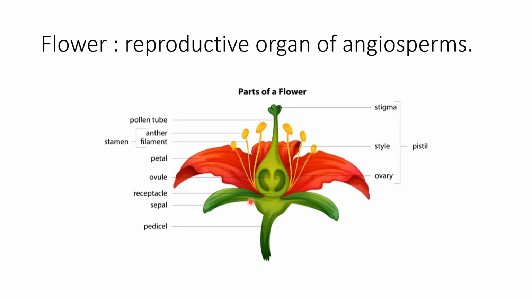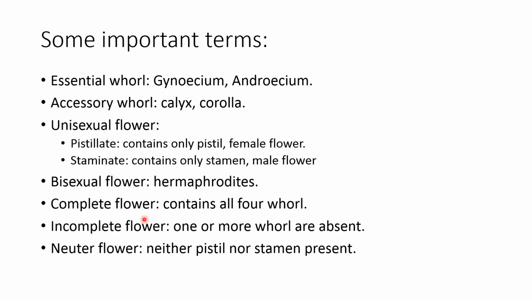This is a typical example of a complete flower, since it contains sepal, petal, stamen, and pistil. Incomplete flowers are those where one or more whorls are absent. So unisexual flowers are also considered incomplete flowers. Neuter flowers have neither pistil nor stamen.